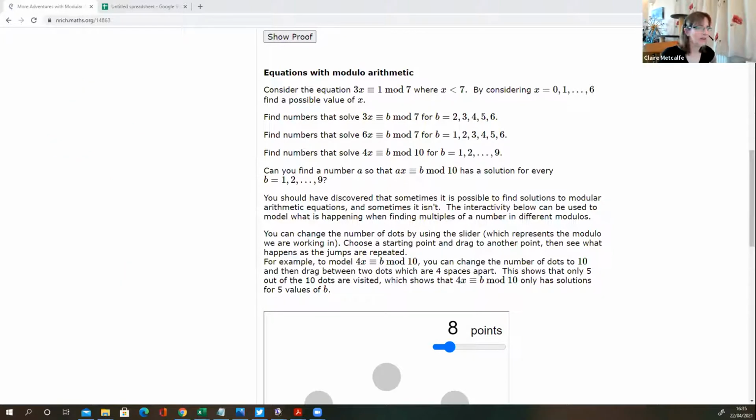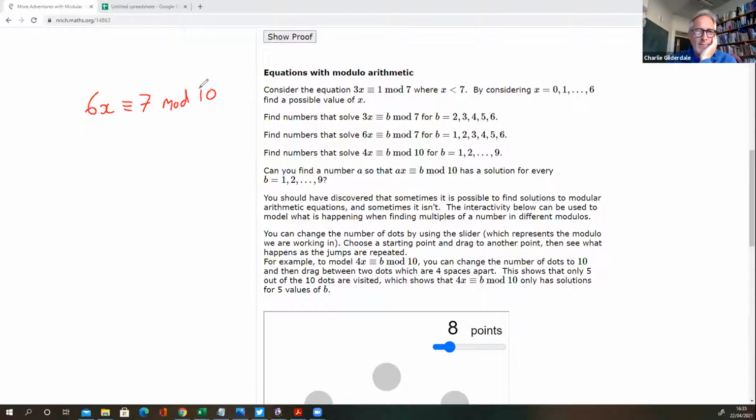Okay, let's go for another equation. 6x, and I've just got rid of all the 6 times table. 6x is equivalent to 7 mod 10. We're going to get good at our mod 10s.